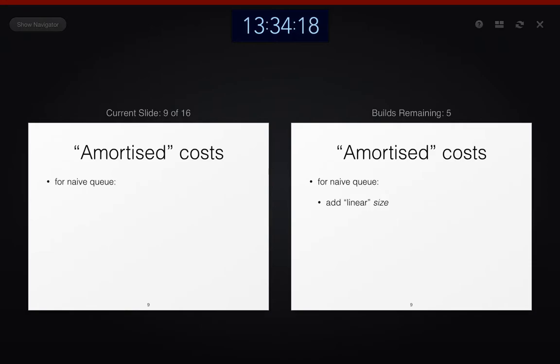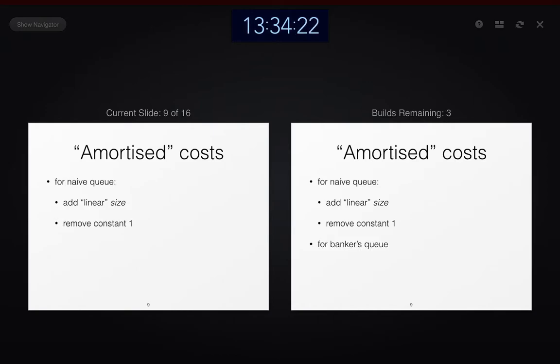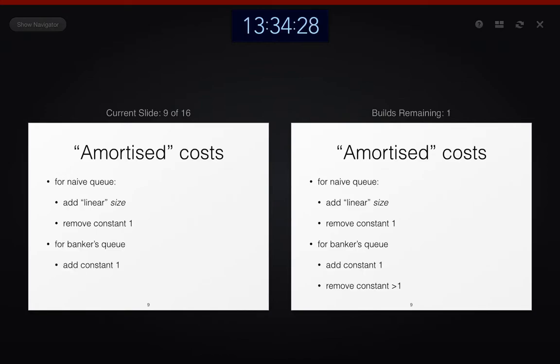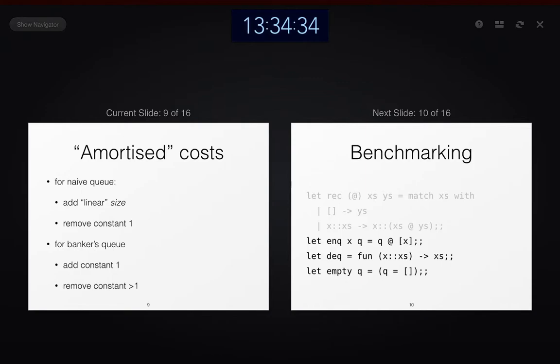As I said, for the naive queue, the add is linear in size, and the remove is constant, 1. Whereas for the banker's queue, the add is constant, always 1, but the remove is sometimes 1, sometimes a big number.